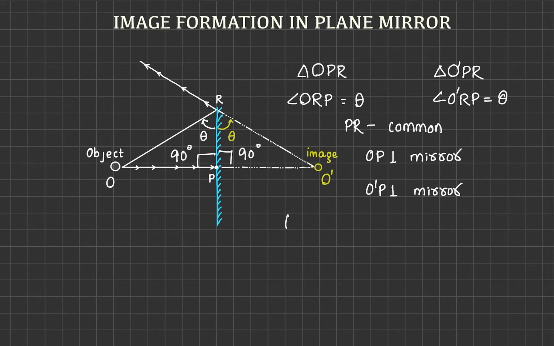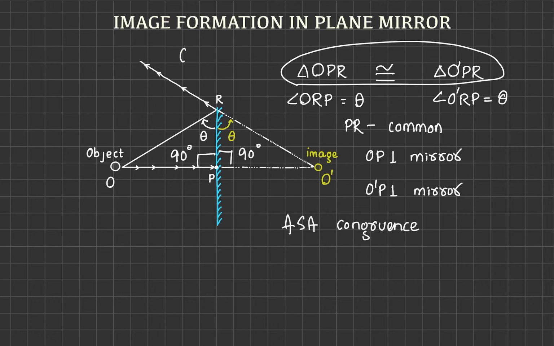So by the angle side angle congruence rule, the triangle OPR and triangle O dash PR must be congruent triangles.